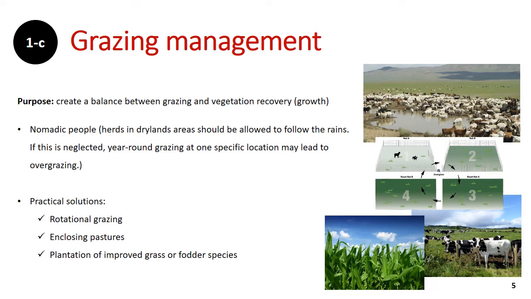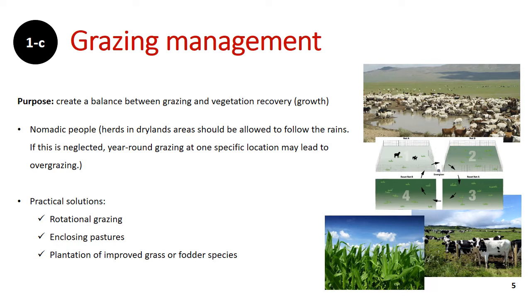Another technique is to use enclosing pasture, and in enclosing pasture, you are trying to enclose the area, so you protect one area. You stop the cattle and the sheep from coming into that area, and then you graze them in that particular area, but you have to move them after some time. So you have to know when you should move them to the other area.